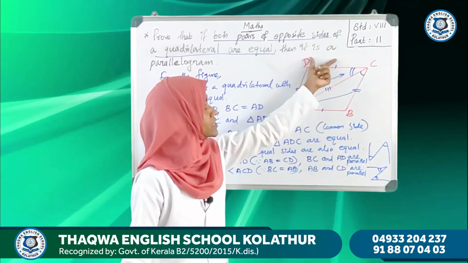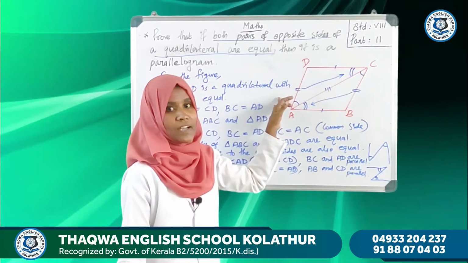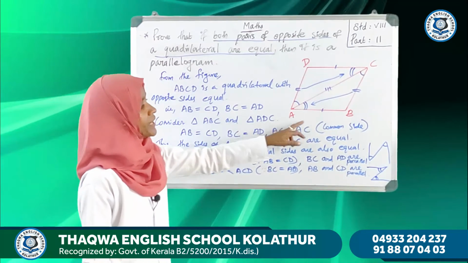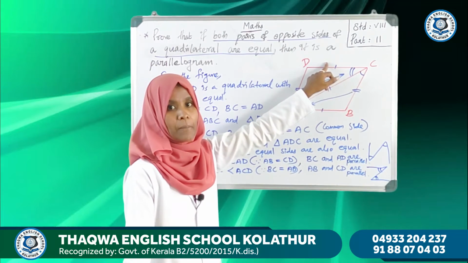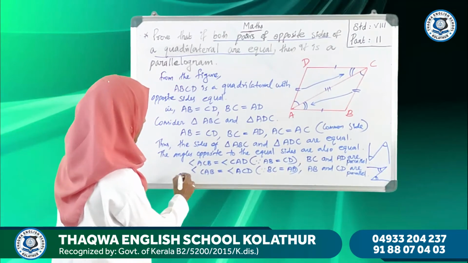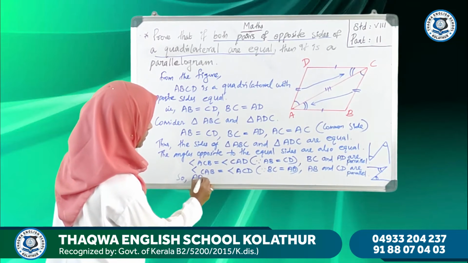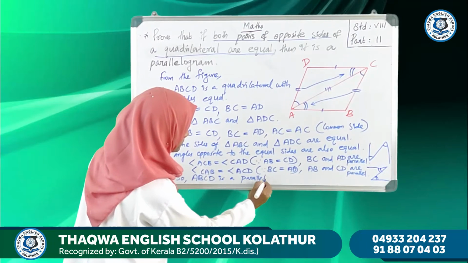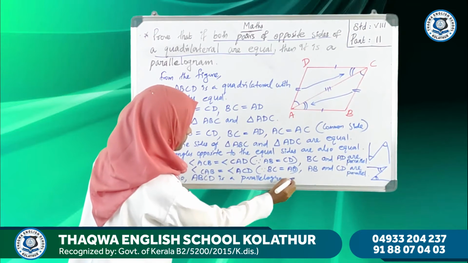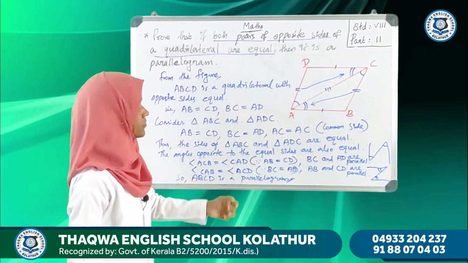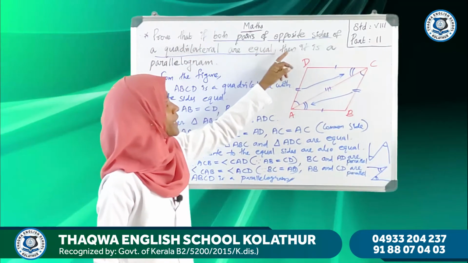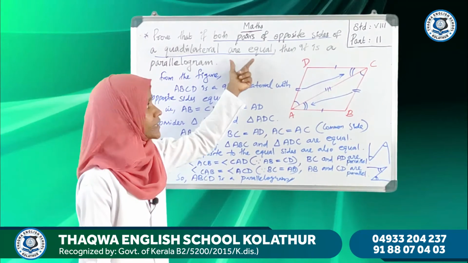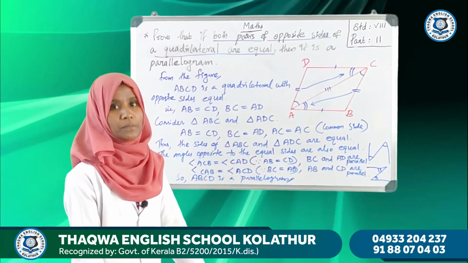So AB and CD are parallel, BC and AD are also parallel. Thus we can say that the quadrilateral ABCD is a parallelogram. That is, if both the pairs of opposite sides of a quadrilateral are equal, then it is a parallelogram.